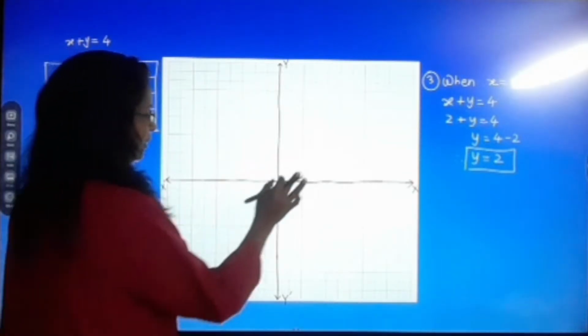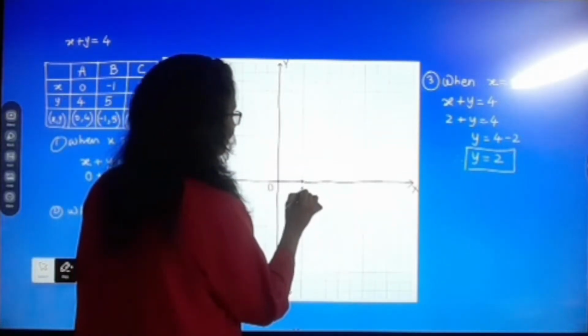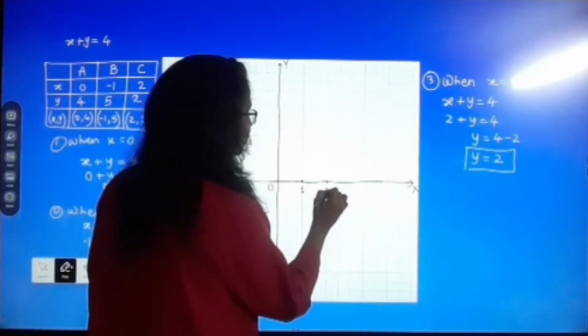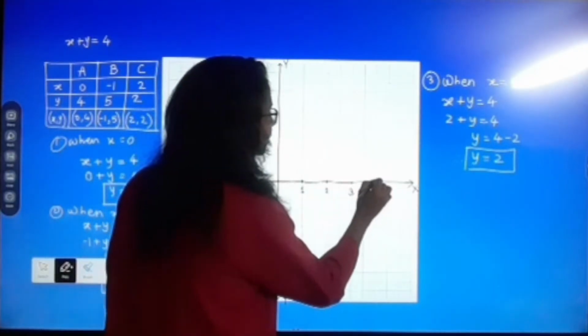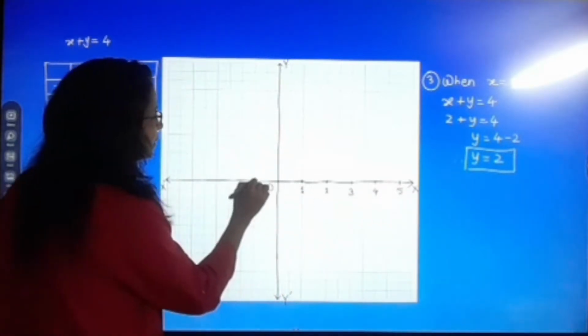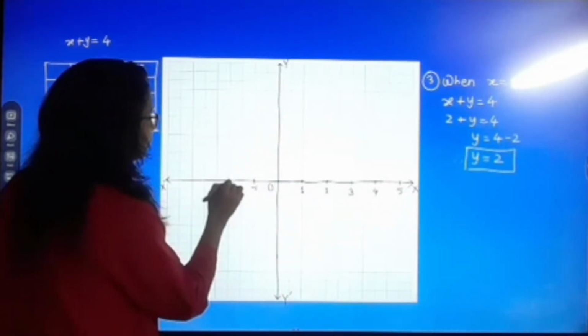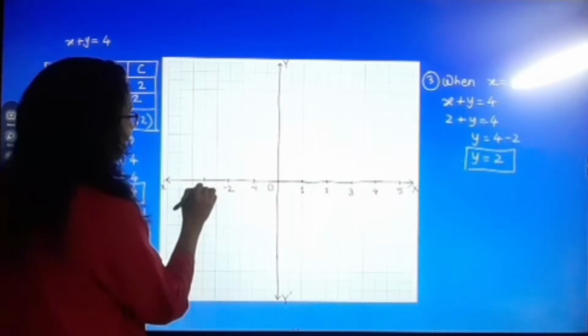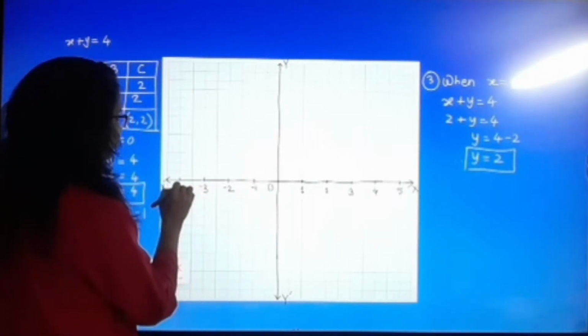But before that, write down 1, here 2, 3, 4 and 5. On the left hand side, minus 1, minus 2, minus 3 and minus 4.